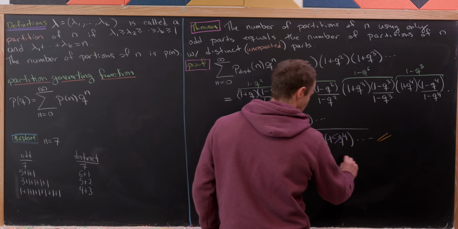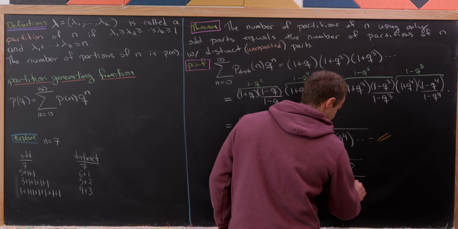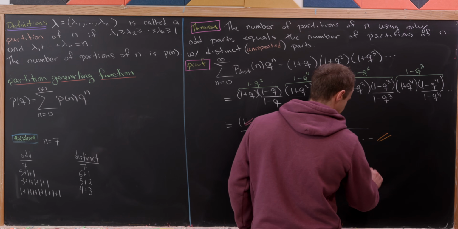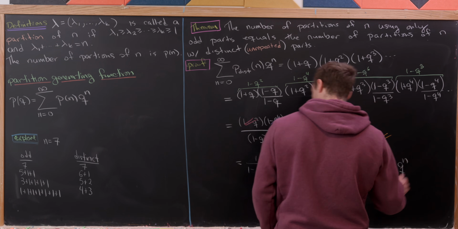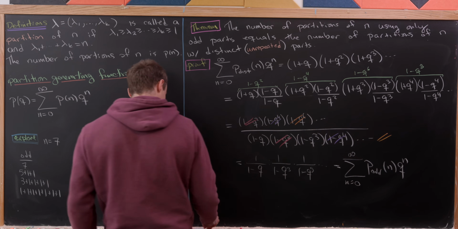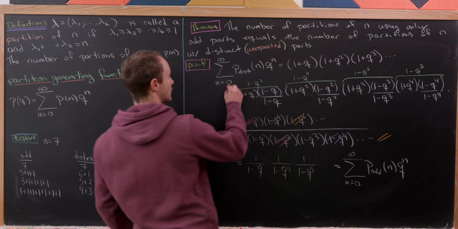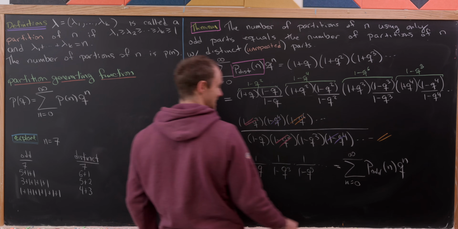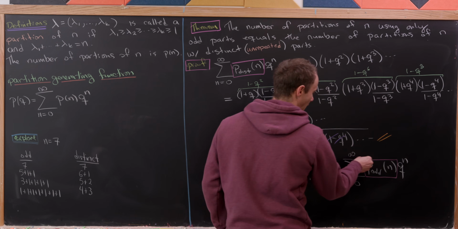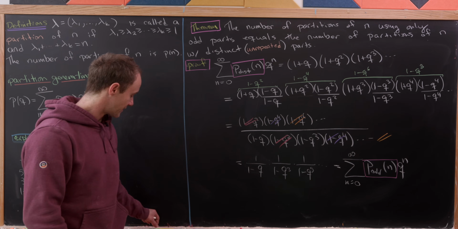So we could write this as the sum as n goes from 0 up to infinity of p sub odd of n times q to the n. But now, since these two power series are equal, all of the coefficients are equal. So p distinct n is equal to p odd n, as desired.